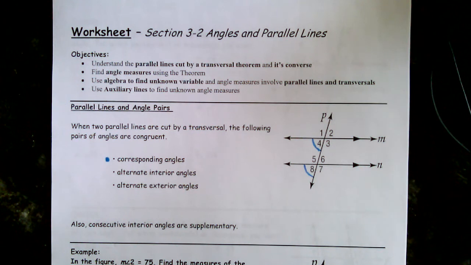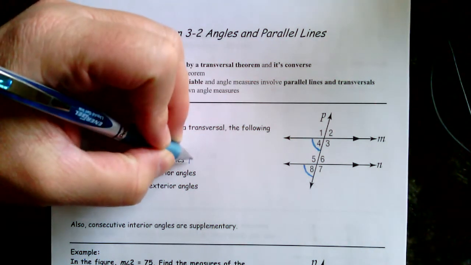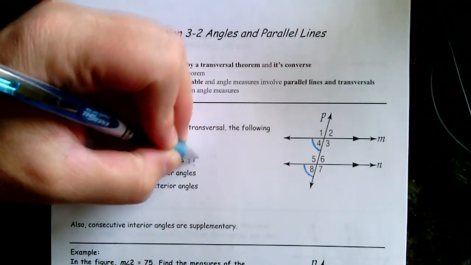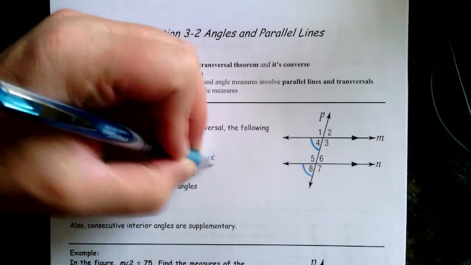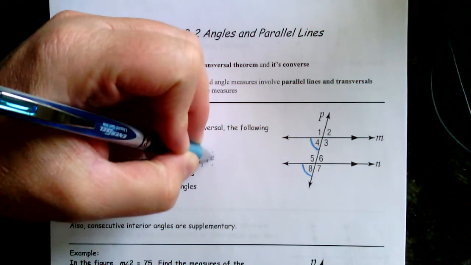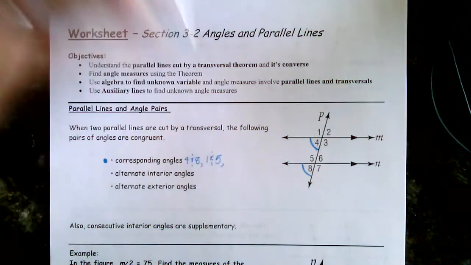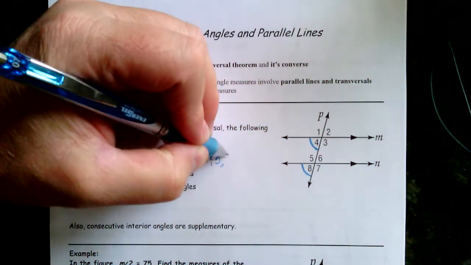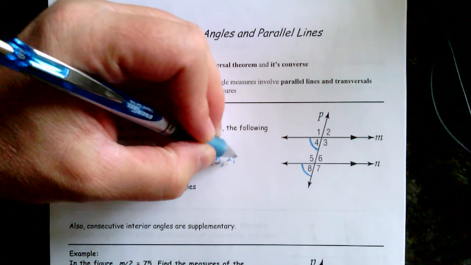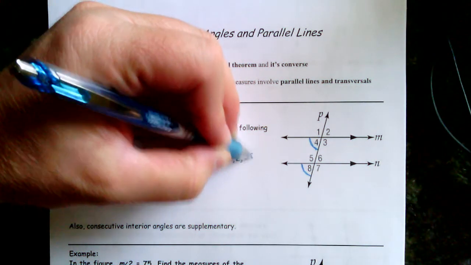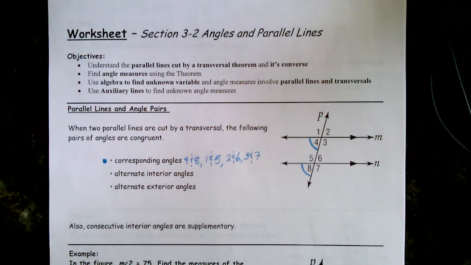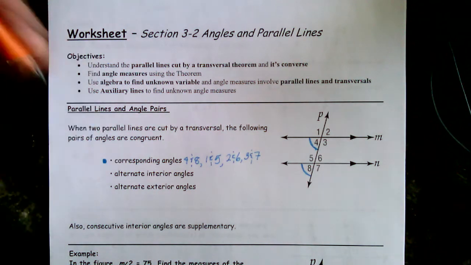Those are corresponding angles. Let's move up a little bit. 1 and, what do you guys think? 1 and 5. On the opposite side, you got 2 and 6, and 3 and 7. Those are corresponding angles.